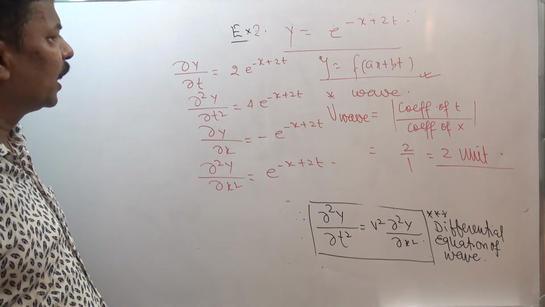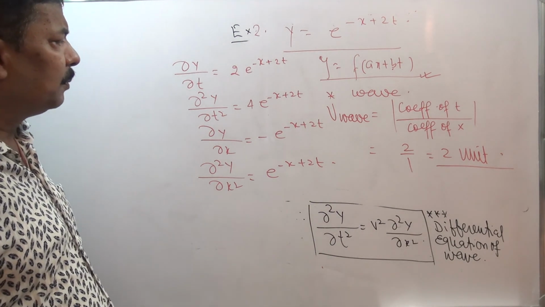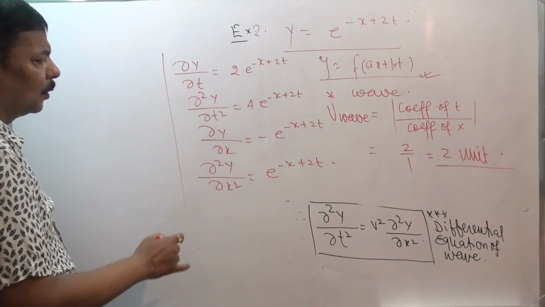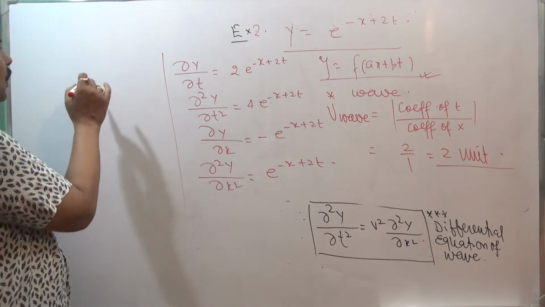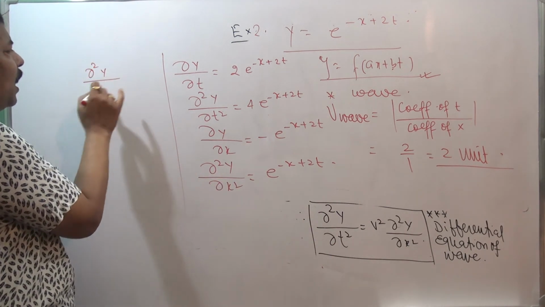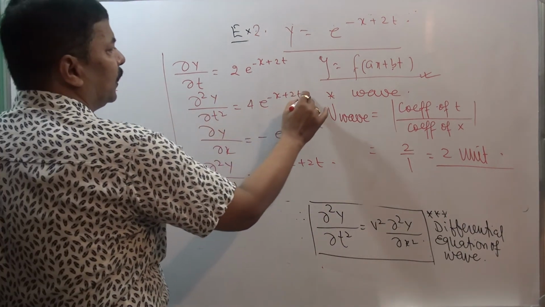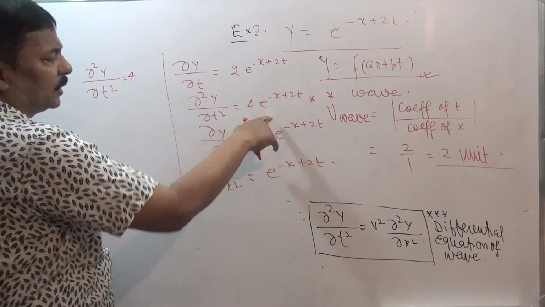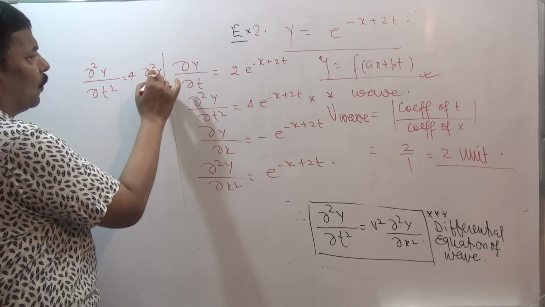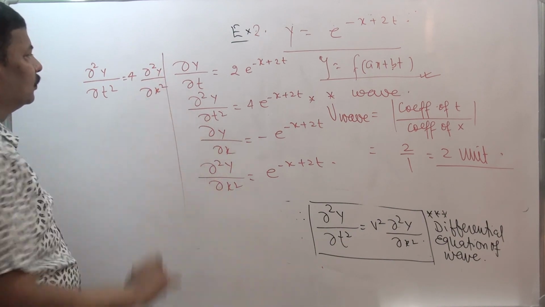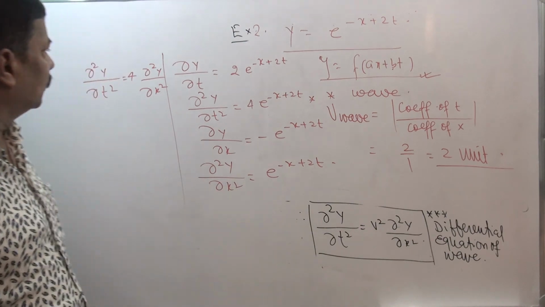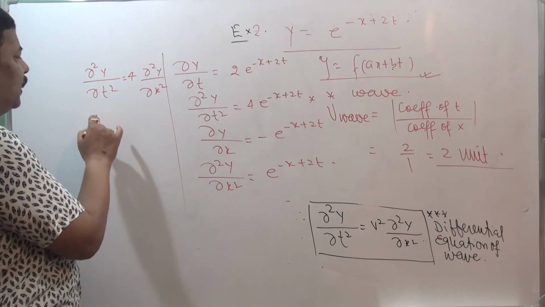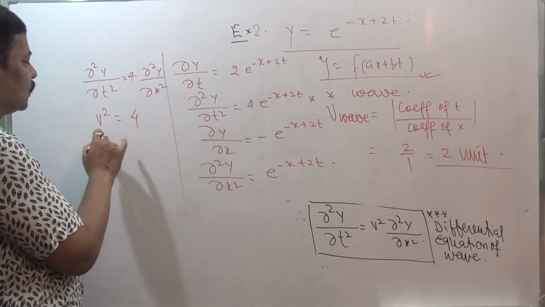So by this relation, del 2y by del t2 is equal to 4 times del 2y by del x2. And what is this representing? This is representing v square. So v square is equal to 4, that is v is equal to 2.